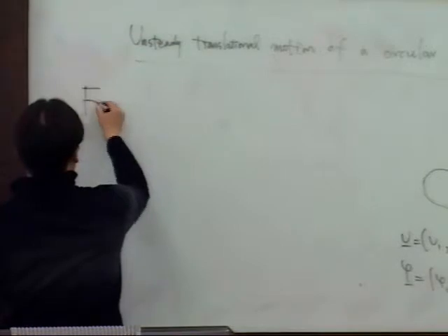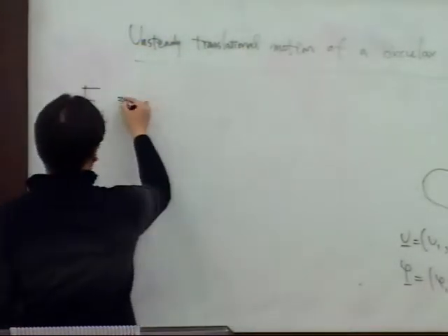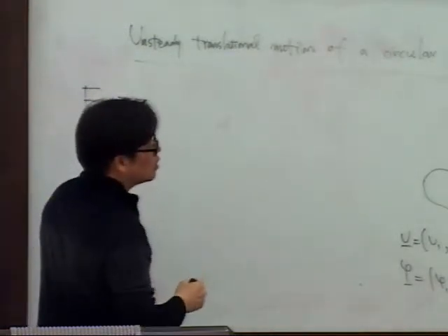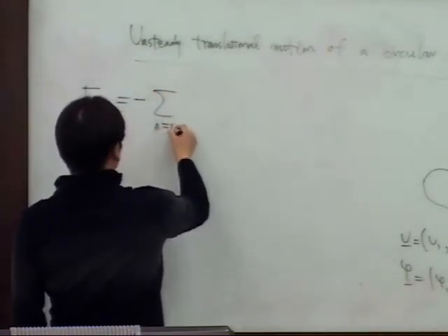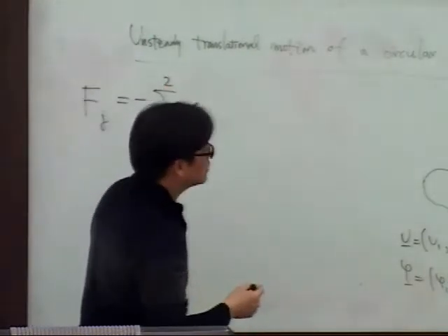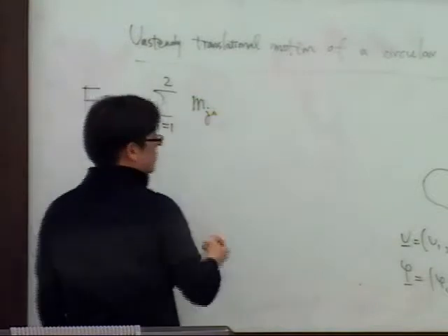So Fj is equal to minus summation i from 1 to 2, Mji.